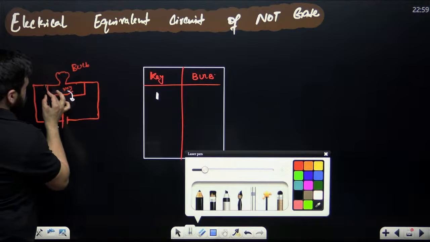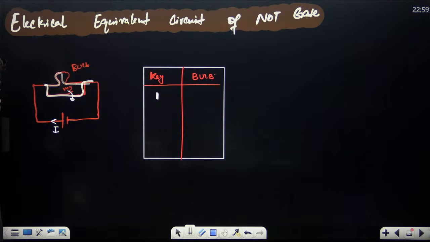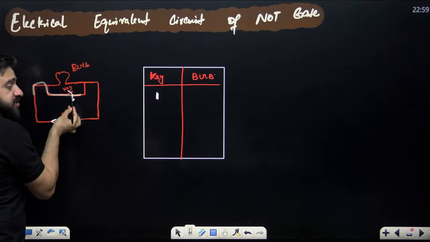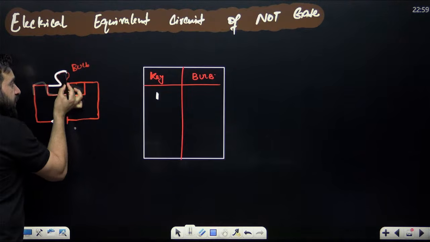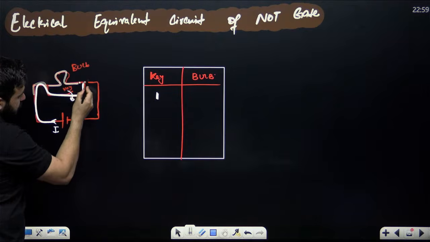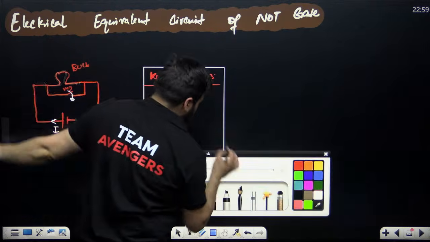Current can either flow through this path or through this path. But current will always prefer to flow through the path in which there is less resistance. So current will prefer this path because there is no resistance here. Here you have got the resistance of the bulb. Bulb is a resistance. So current will choose this path. If current chooses this path, no current will enter the bulb. So the bulb will remain off. Off means 0.